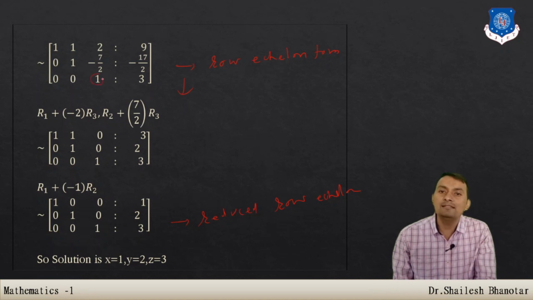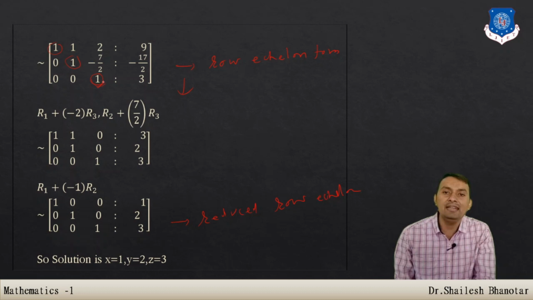This is the leading entry 1, and each row in fact has a leading one, but I focus on the last row, and above that I want to make 0. The third row is multiplied by minus 2 and added to the first row, and you will get 0.